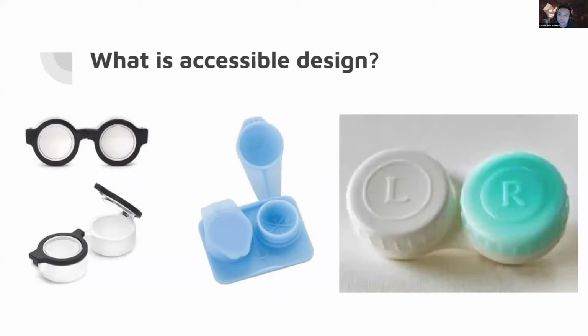So I love this example because I used to wear contact lenses, and I feel like this type of example gets me right into the mindset of thinking what is accessible design and what is not accessible design, right? So these are three different contact lens cases.